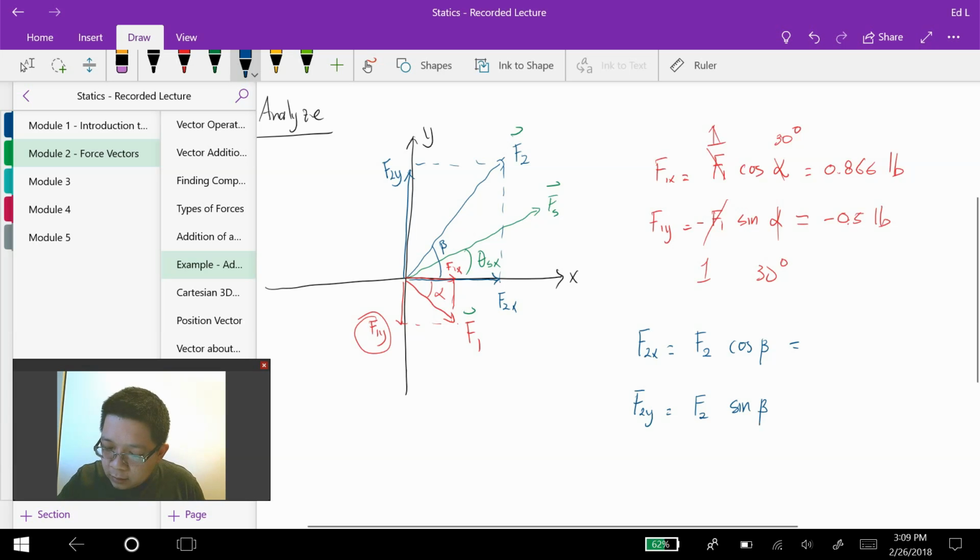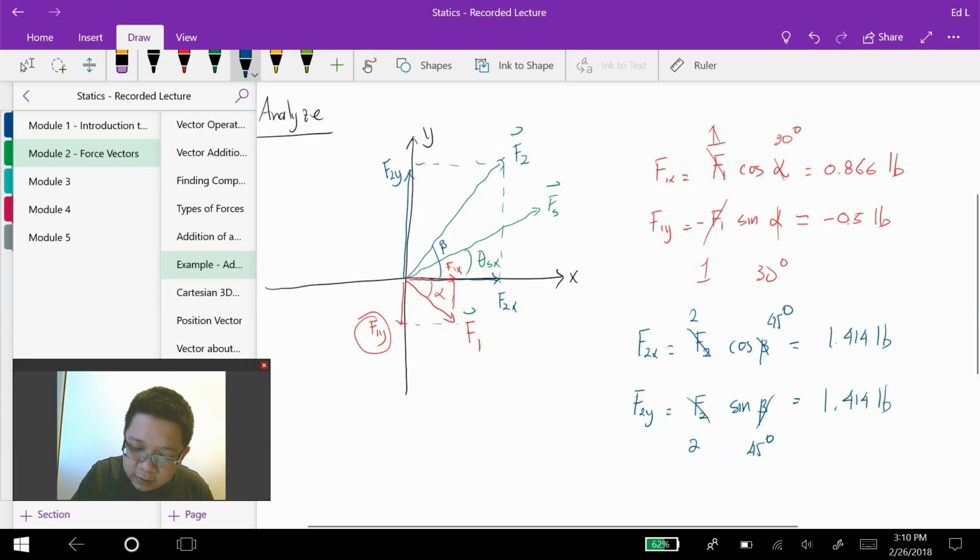So we know F2 is 2 pound, beta is 45 degree. So we can plug in the numerical values and calculate that F2x is equal to 1.414 pound. Similarly, F2y is 1.414 pound, and both are positive because we can see that F2x and F2y here are pointing in the positive x and y direction respectively.